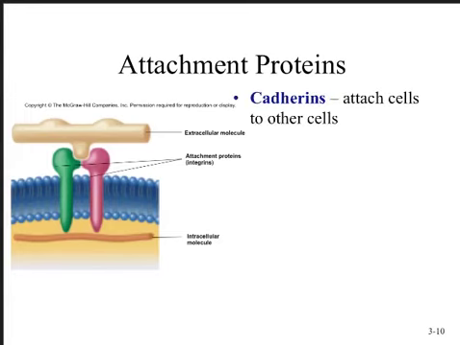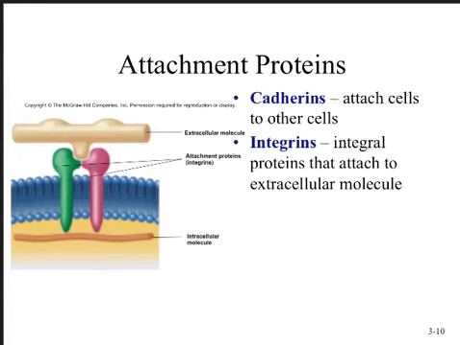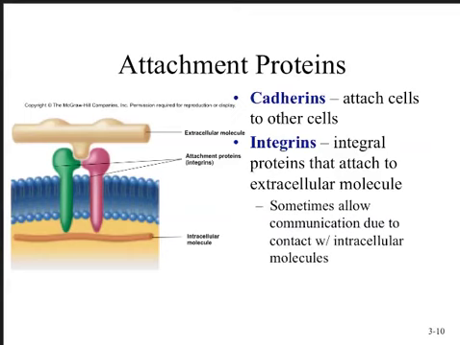Cadherins attach cells to other cells, while integrins are integral proteins that can attach to an extracellular molecule. They sometimes allow communication due to contact with intracellular molecules, so they can have both a structural role but also a communication role.